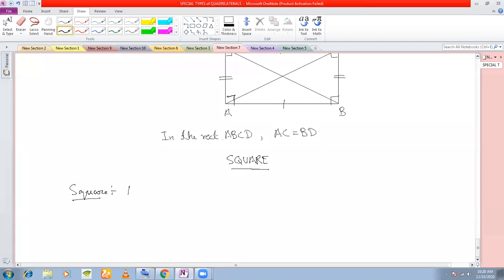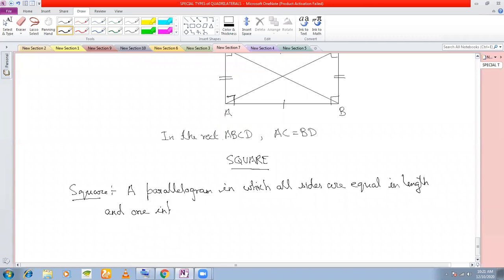What is a square? A square is also a parallelogram in which all sides are equal in length and one interior angle is a right angle.